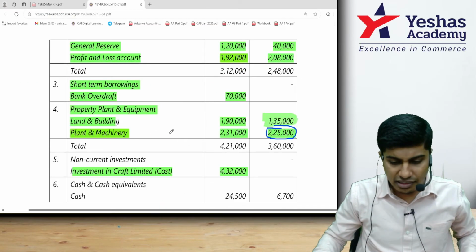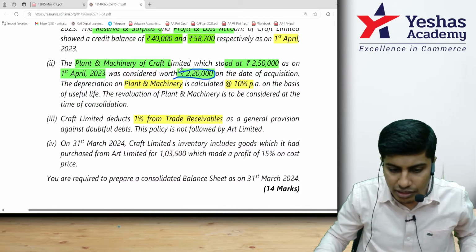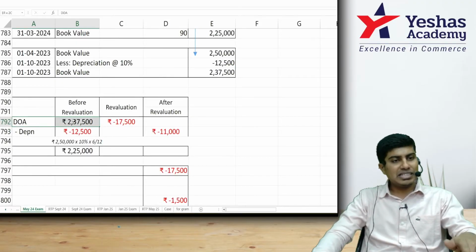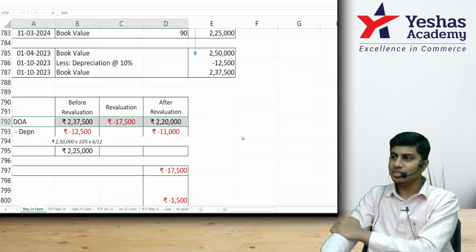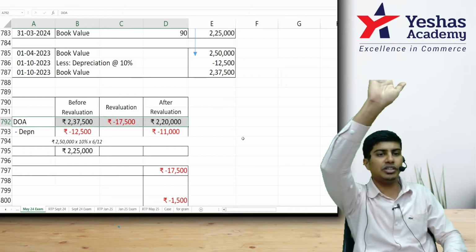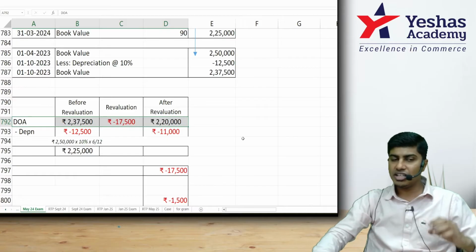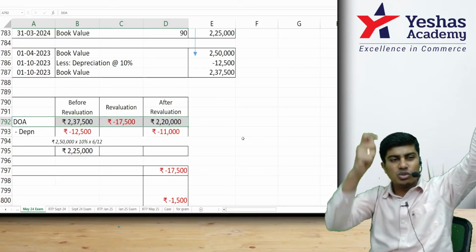But they are telling this asset is considered to be worth 2,20,000. 2,20,000 meaning 2,37,500 value of the asset is changed to 2,20,000. So it is downward revaluation or upward revaluation? We are revaluing the asset downward. Previously we would have charged a depreciation on 2,37,500, but depreciation actually should be charged on 2,20,000.